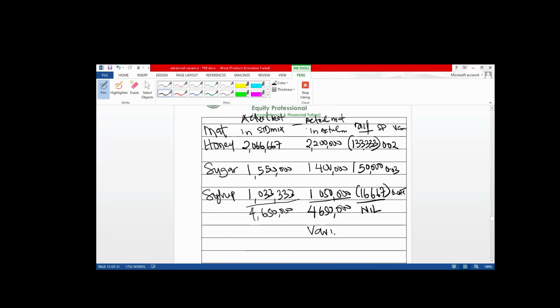Because of space, variances, the first one or the last one multiplied by 0.025. Here I have negative variance. That is 2,666.66 for honey.